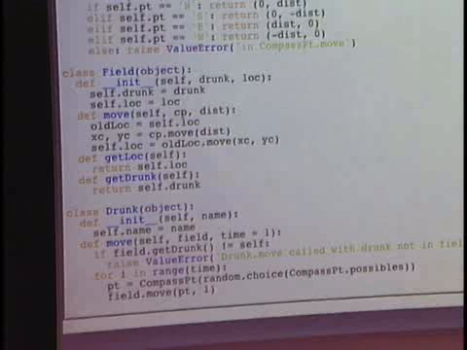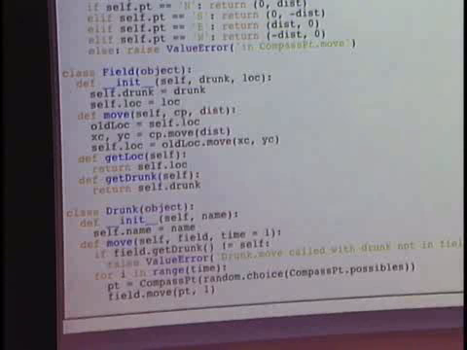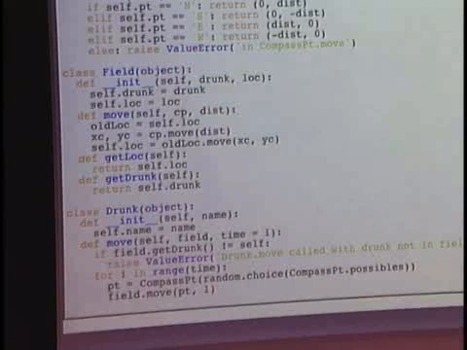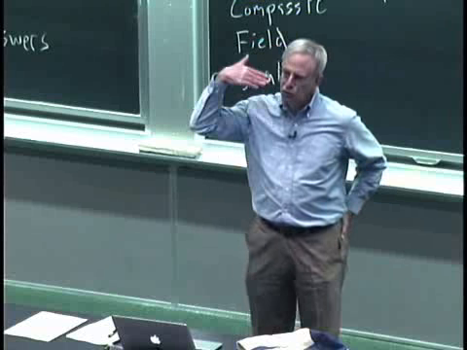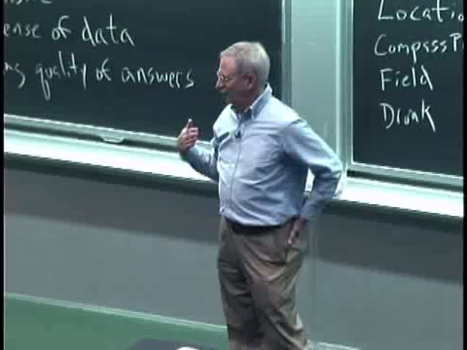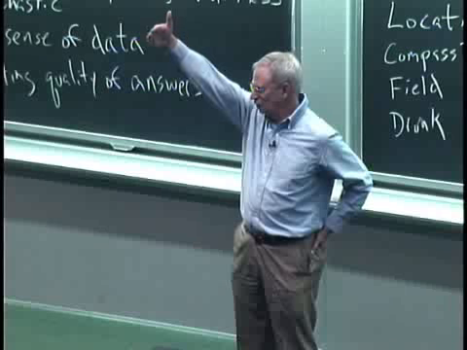Where is it going to find cp dot move? It's going to use compass point dot move because, as we'll see, cp is an object of type, of class compass point. So this is a normal and typical way we structure things with classes, that the move of one class is defined using the move of another class.